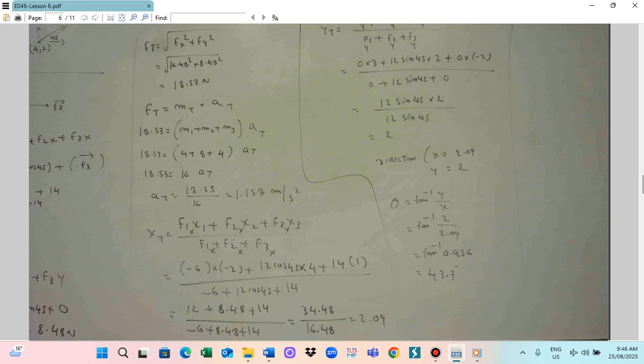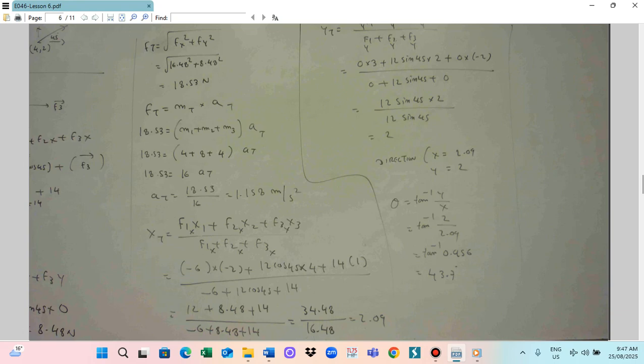And we also need to find the direction. Direction means you have to find the X and the Y of the center of mass. So X total can be calculated. In this case, X total is F1 x1 plus F2 x2 plus F3 x3, divided by F1 plus F2 plus F3. Right direction is positive, left direction is negative.